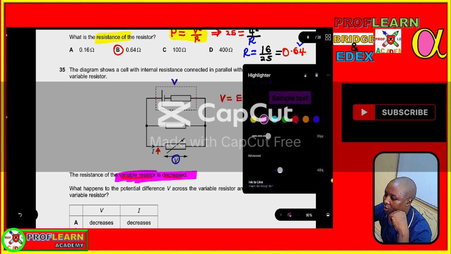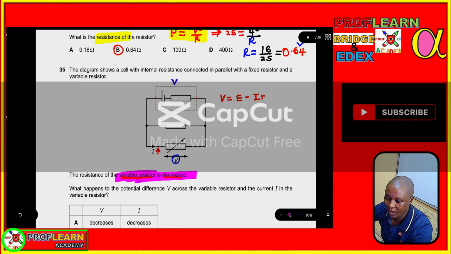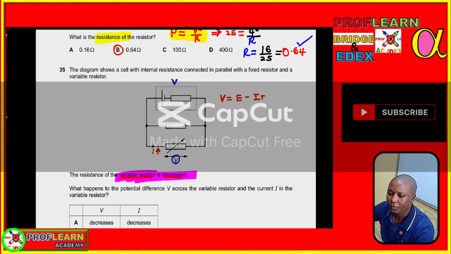What will happen to the total resistance of the circuit? We realize that when the resistance of the variable resistor decreases, the overall resistance of the circuit is going to reduce.